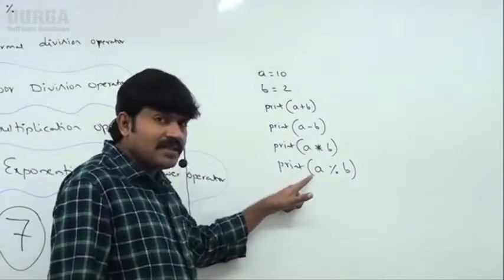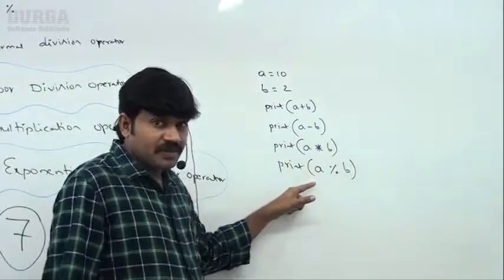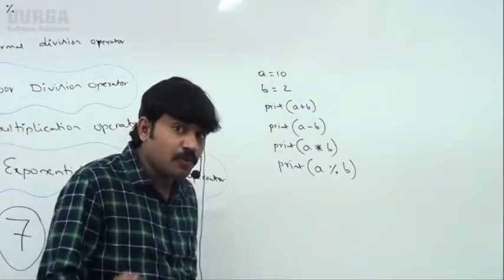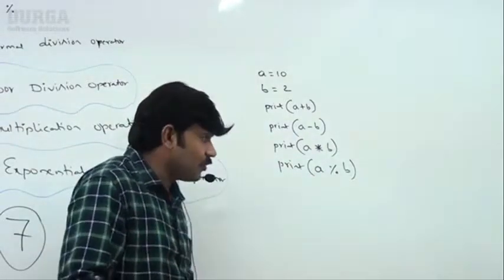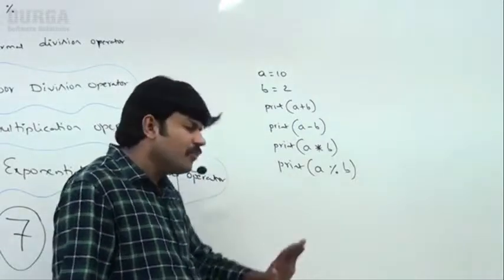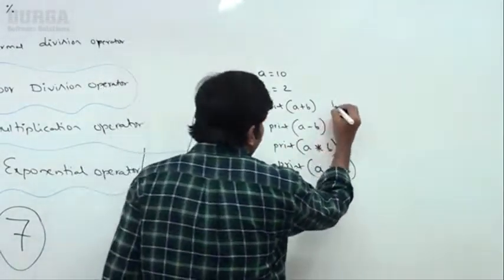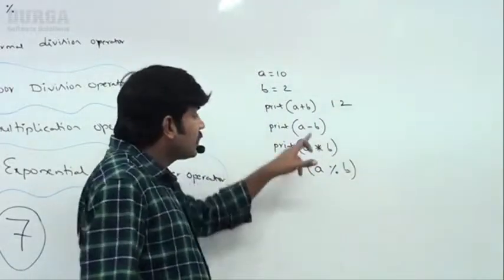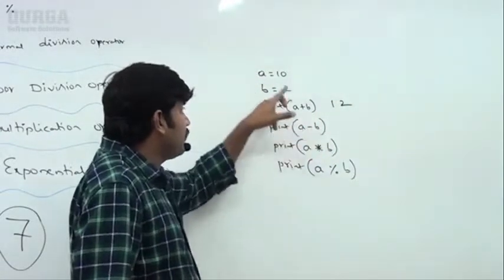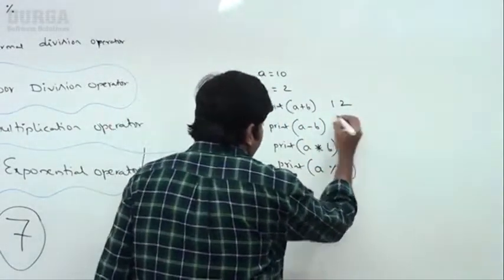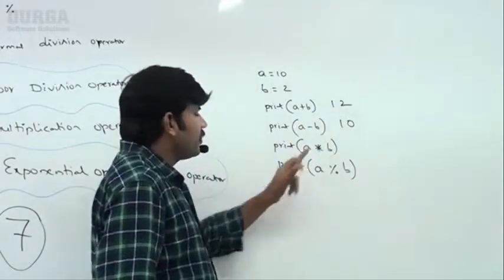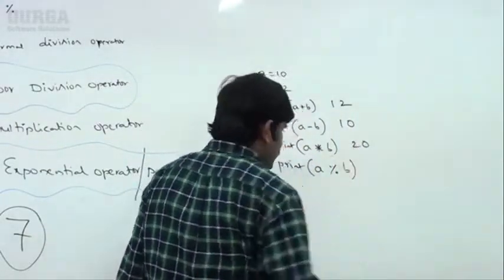Sir, now I didn't talk about the division operator, the floor division, or the double star operator. We will discuss them soon. 10 plus 2, what answer are we going to get? 12. A minus B, 10 minus 2, 8. A into B, 10 into 2, 20 is the answer.